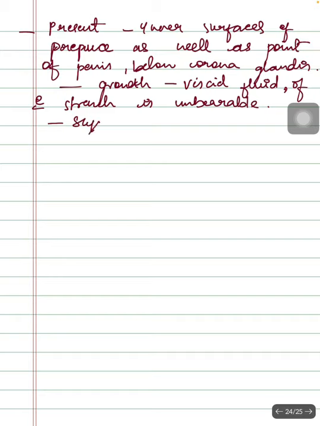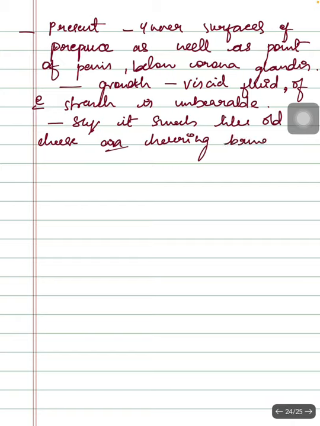Next, this emits a strong sweetish honey-like smell and stains the linen yellow. In women, these warts and excrescences appear above the vulva. They render the parts extremely sensitive. These growths generally indicate a syphilitic taint.